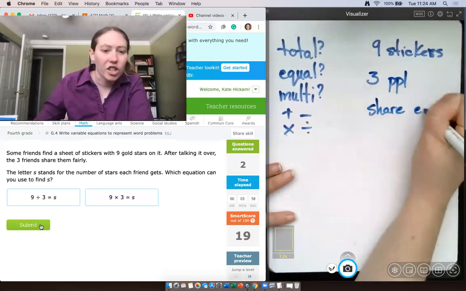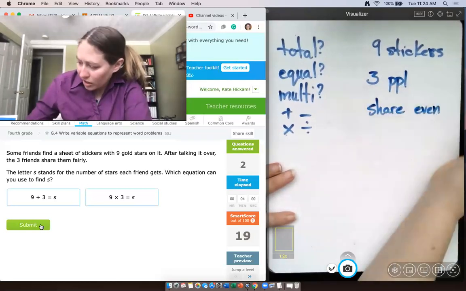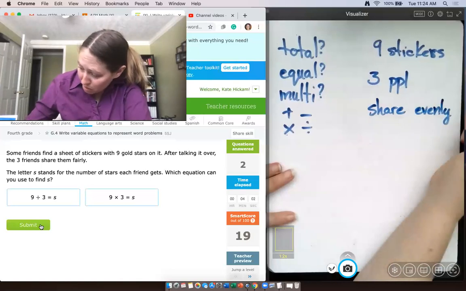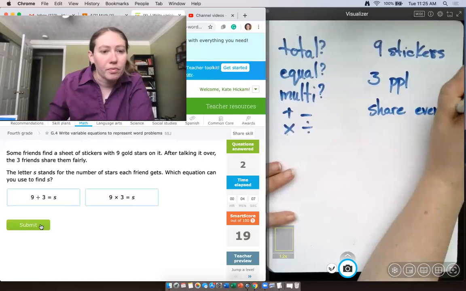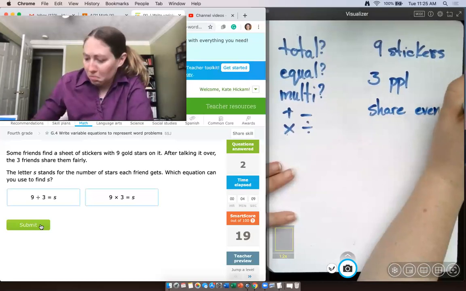Share fairly, share evenly. I'm just going to say share even because I'm running out of space, and that way you know what I mean. Okay. So do we have the total amount of stickers?